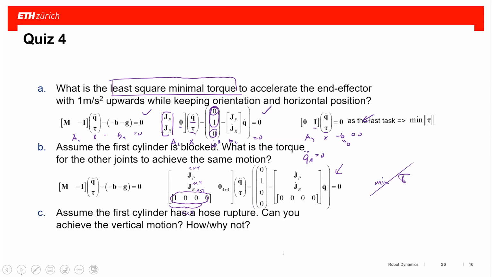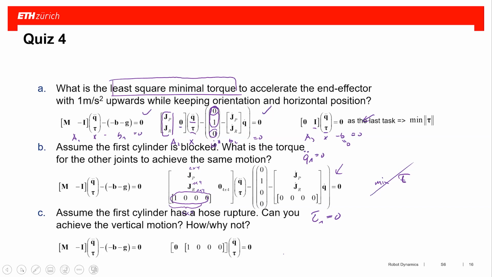And then the last one is, we assume the first cylinder has a hose rupture, which means my tau 1 is equal to 0. I can't produce a torque with that thing. So what is the solution to this one? Again, we have to somehow embed this through a selection matrix into our A matrix.